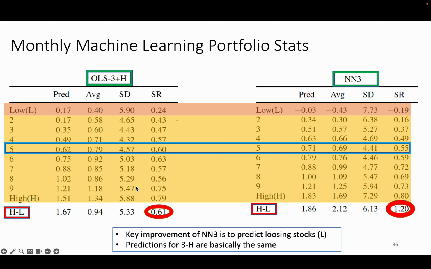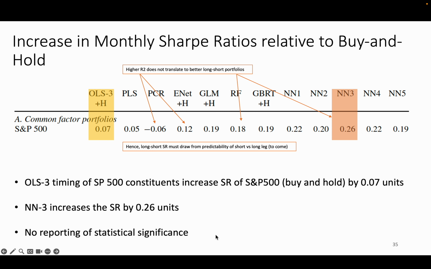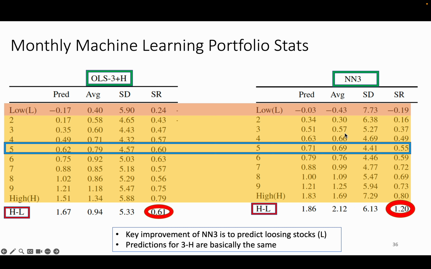Now what the paper here, let me give you the highlight first, then the details, and then the highlight again. Now the highlight is that, and that's what I found out by looking carefully, the key improvement of the neural network 3 in terms of this long-short Sharpe ratio here, which we don't know is significant or not, so it's not significant, is it's able to predict the losing stocks.